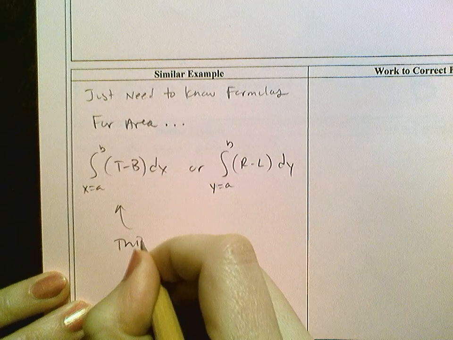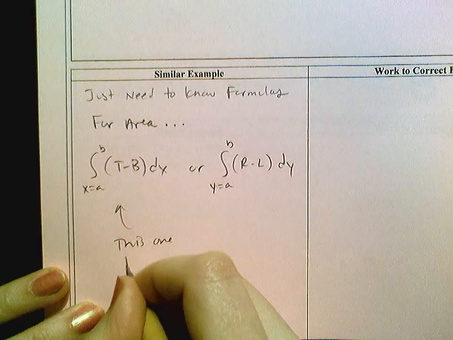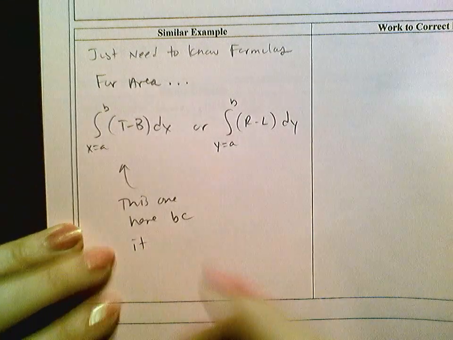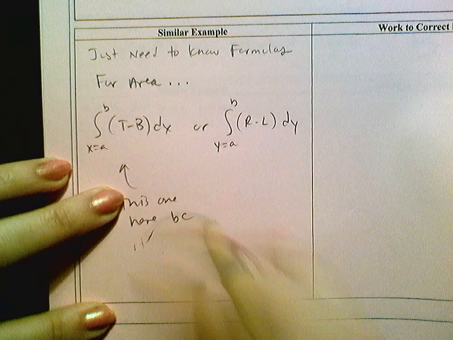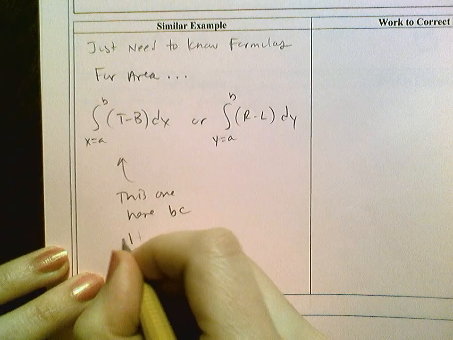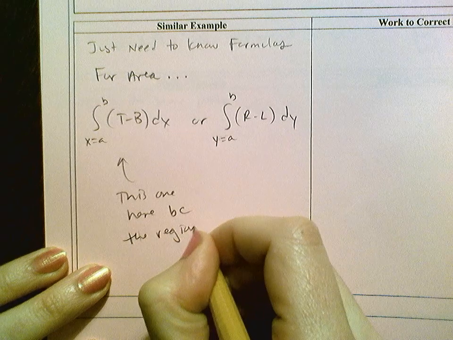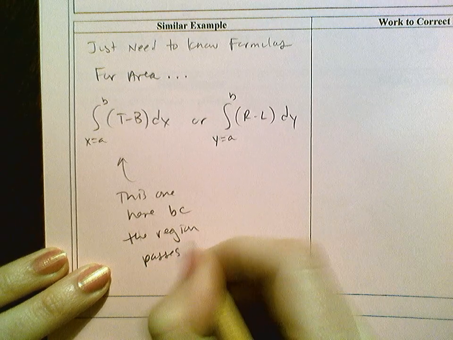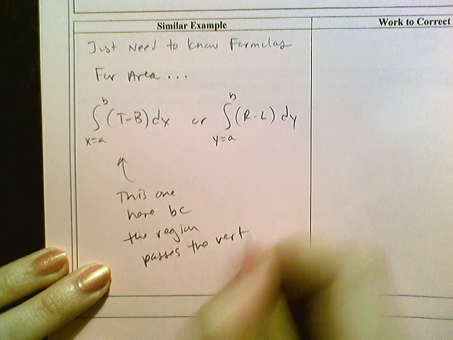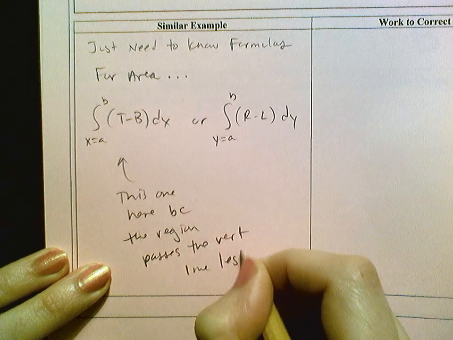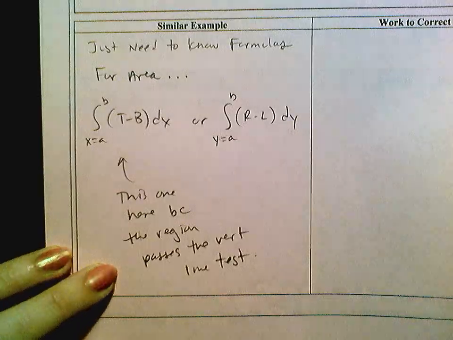Okay, so this one here, because the region passes the vertical line test. Okay, and then we will just move on to this one.